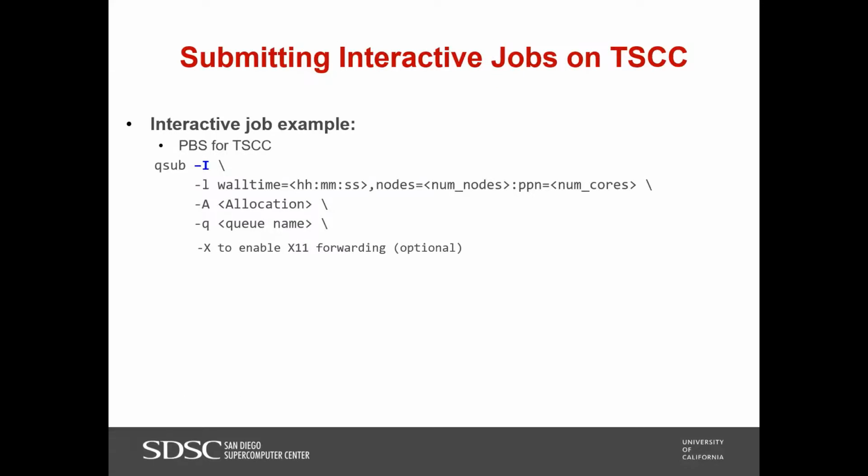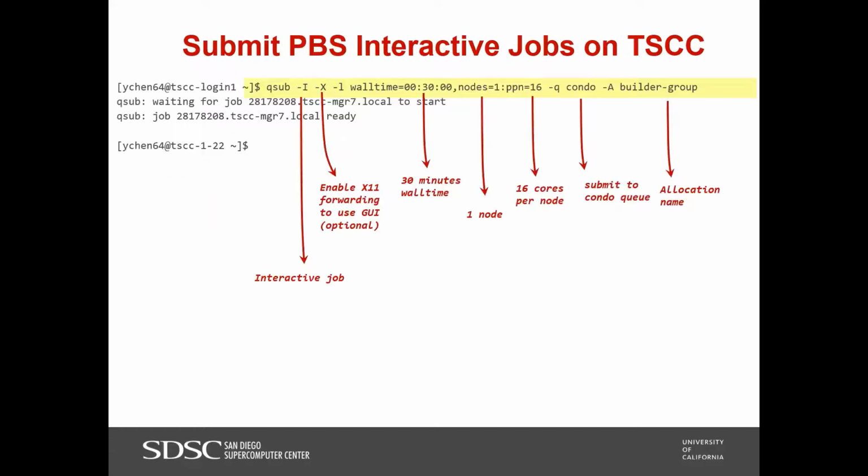So how to submit interactive jobs? You can submit it by this qsub command. The necessary option you need to include is called -I. That's a capital letter I, and then you specify the resources you need and which queue you want, and the real commands.